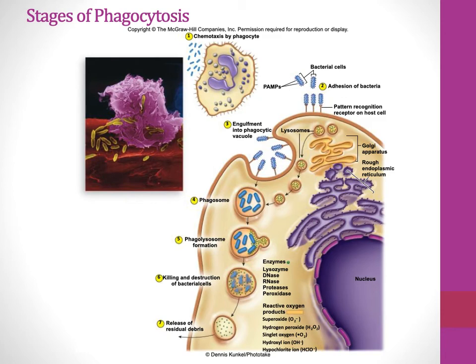And then the digestive enzymes with the drop in the pH are going to lead to the pathogen being destroyed. You can see how we have different types of enzymes present. Some of them are going to break down the proteins, some are going to break down nucleic acids, some are going to break down the lipids, so that we get effective breaking down into these little residues. So obviously the microbe is no longer alive, it can no longer reproduce.